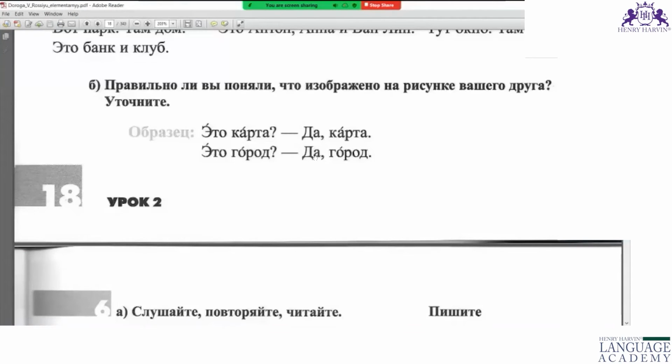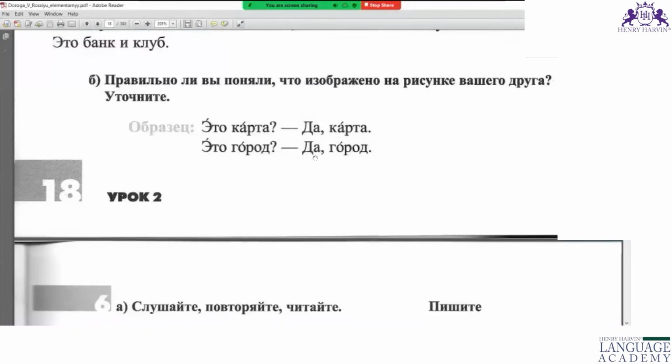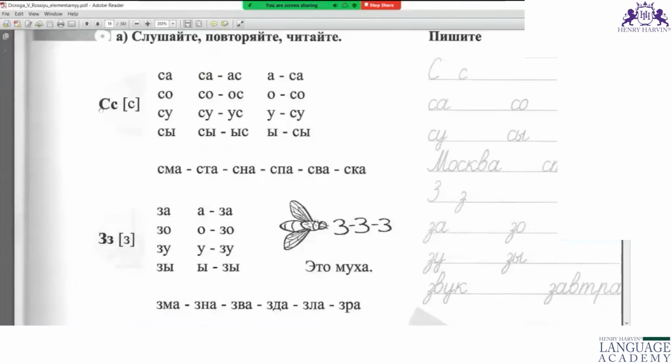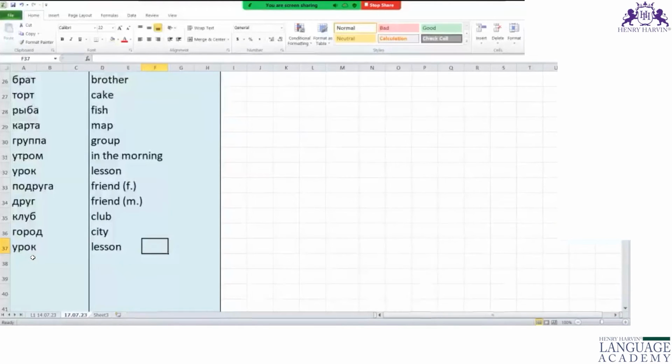Okay, so here we have это карта, да, карта. Это город, да, город. I think it's too simple. Two more letters here. З. Again, they make the pair of dull and bright. З, з, з. What is written here under this picture, Padma Priya? Муха. Да. This is letter Х. Okay, муха.